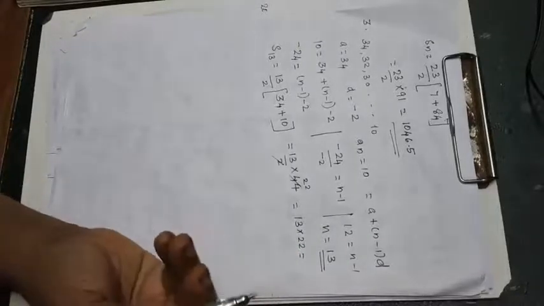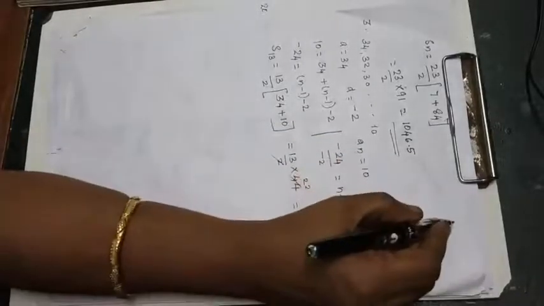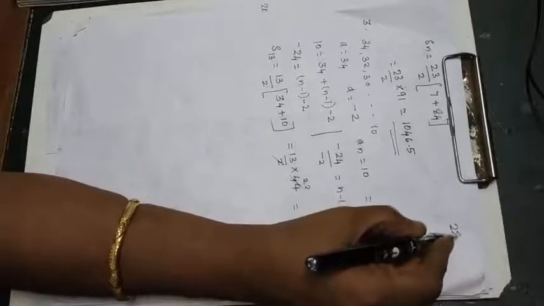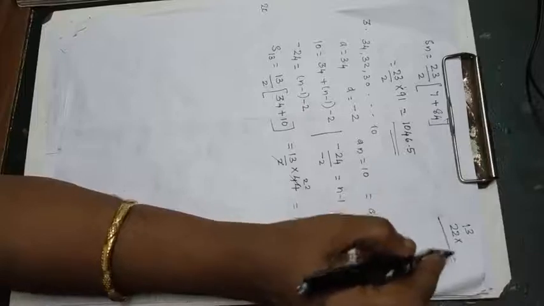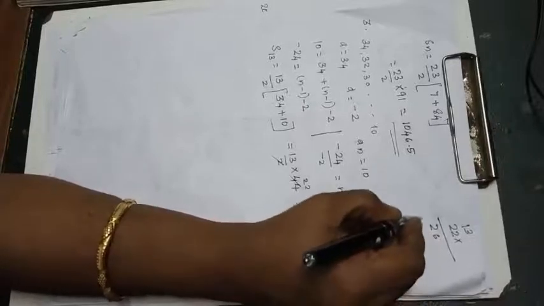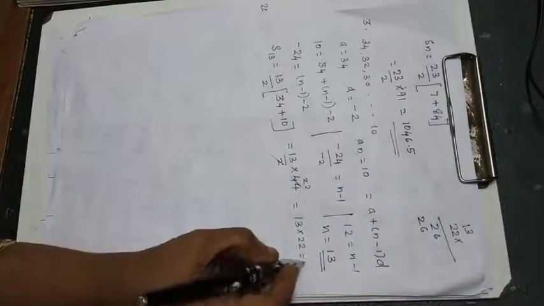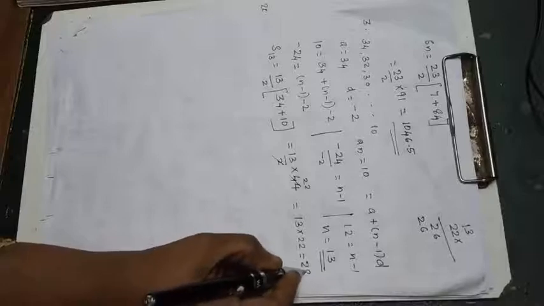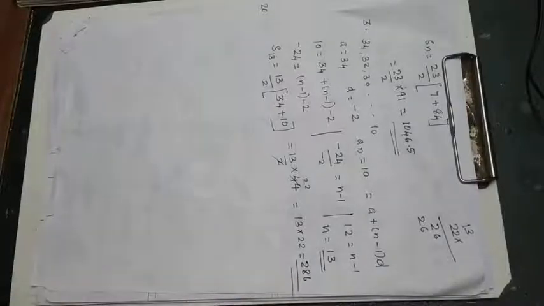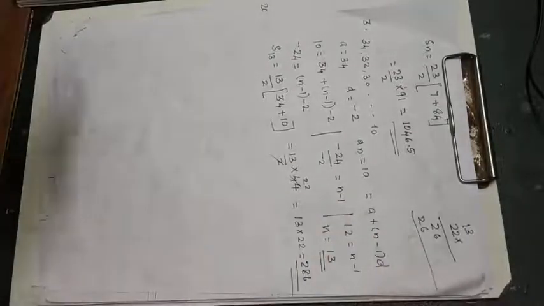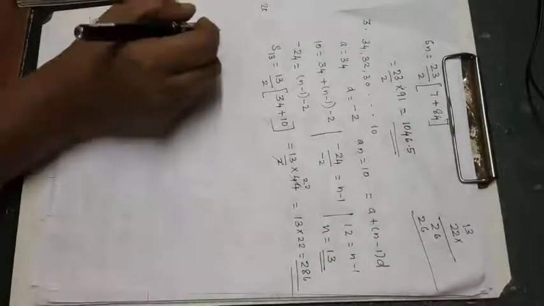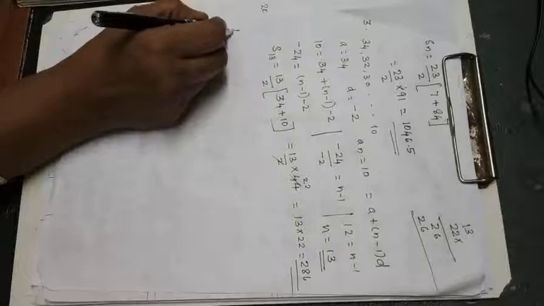Okay. So 22 into 13, so it will be 286. Okay, 286 you will get.